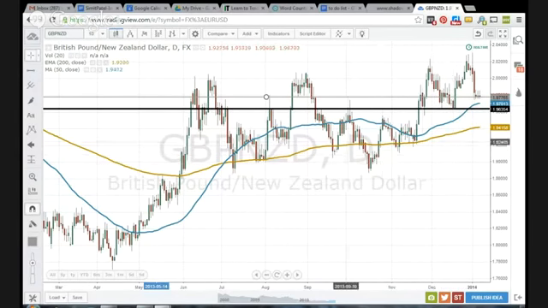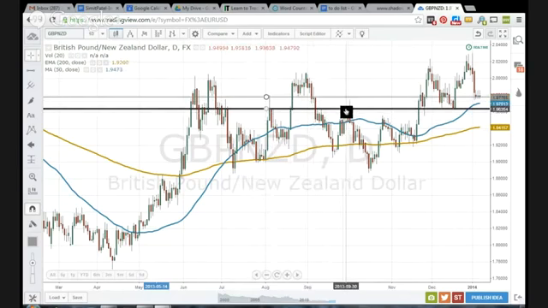And I'm also already in a long Euro Kiwi position that is currently having a small floating loss. So I still like that idea, and I still like to short Kiwi against the Euro, and I see that opportunity shaping up against the pound.